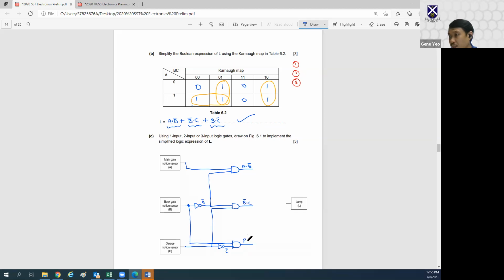So this is my B and C complement. And all of this will enter into one OR gate. My OR gate will be a 3-input OR gate. So this is my first input, this is my second input, and this is my third input.